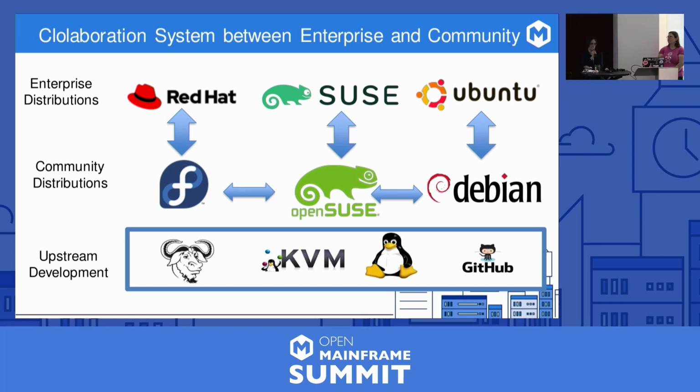The GitHub icon is for all the projects on GitHub which are included in our community distributions. Then we have the Linux kernel, GNU tools, and KVM as examples. So we are sharing our software, contributing upstream, and with that we are also integrating the upstream development.